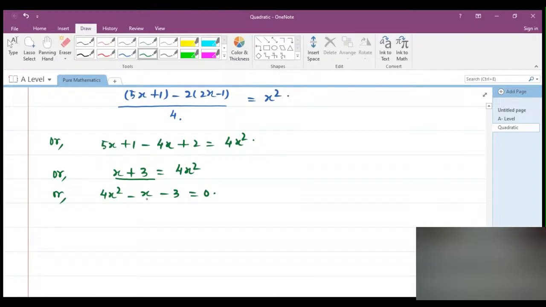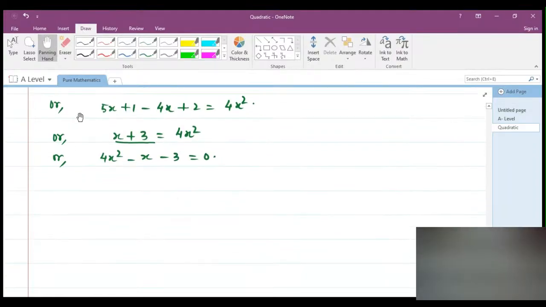So we break x in such a way that multiplication will be minus 12 and addition will be minus 1. So let's see, here will be 4x square minus 4x plus 3x minus 3 equal to 0.